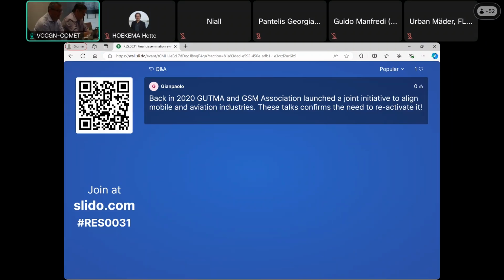And this activity was aiming for the drone industry and mobile telecommunication industry to join forces and to demonstrate how drone operation could benefit from mobile telecommunication industry standardized services. Very inspirational also for our decision to support mobile telephony by EASA in this initiative. Certainly, these works need to be reactivated.